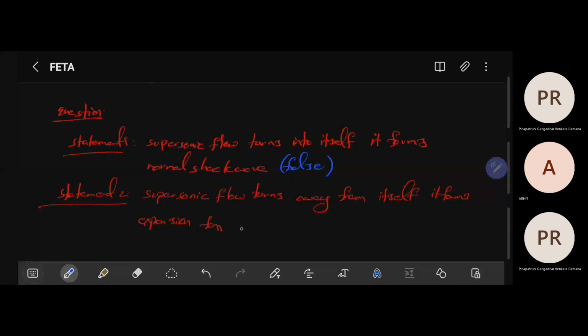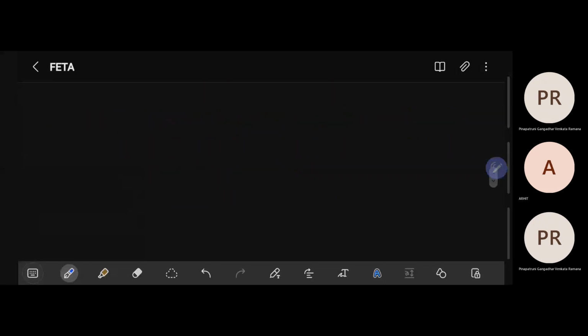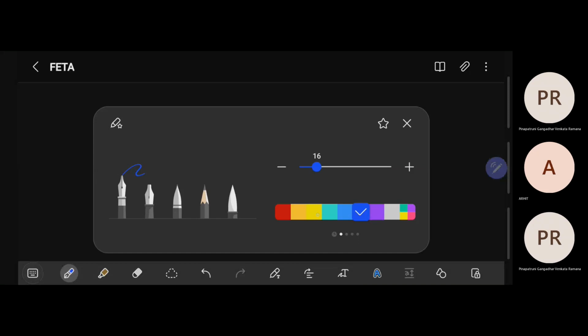Okay, so that is the question. We have a few more good questions, let's try to attempt those. So in this question, you have a blunt nose body, and you have a bow shock here.